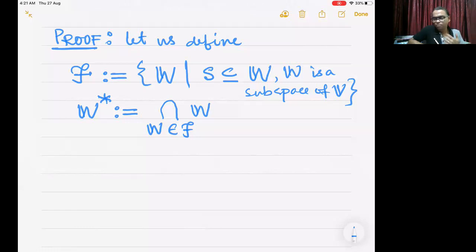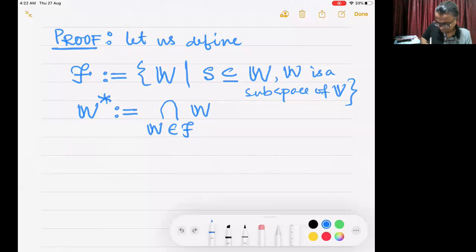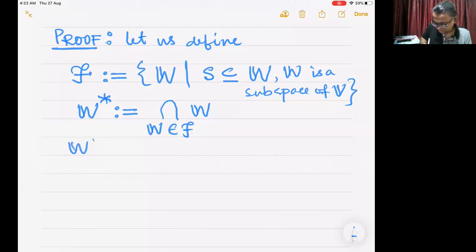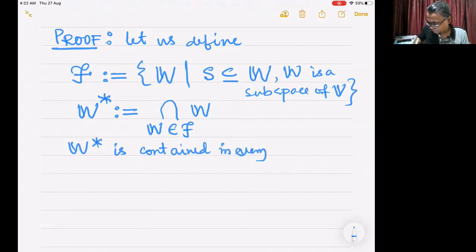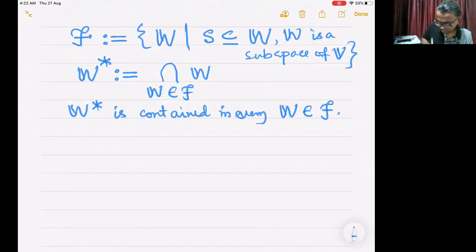Therefore, W star is contained in every W that belongs to that family.